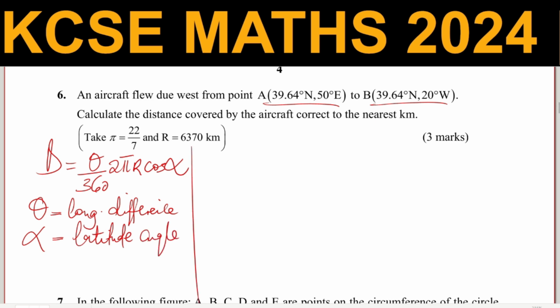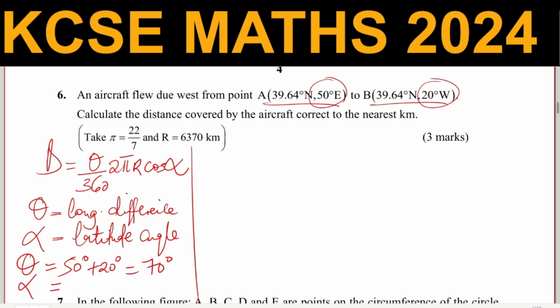Now we need to identify the longitude difference. Point A lies on longitude 50 degrees east, and B is 20 degrees west. To get the longitude difference, you simply add: 50 plus 20 gives 70 degrees.